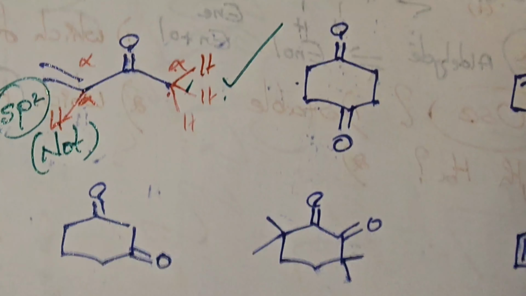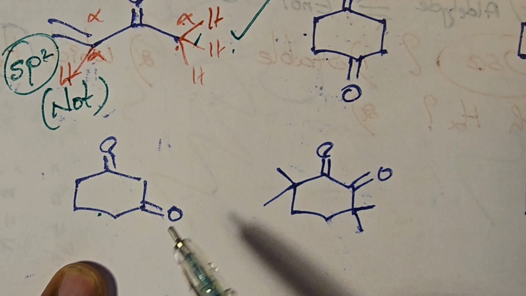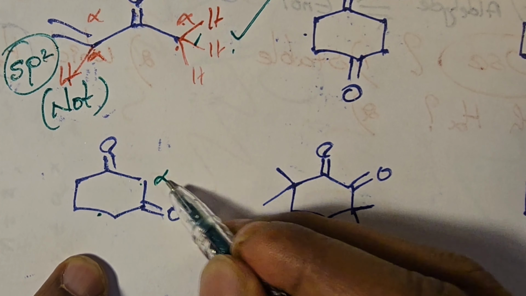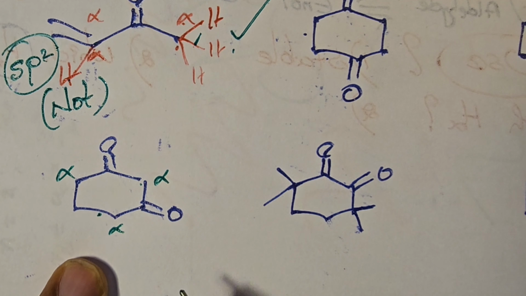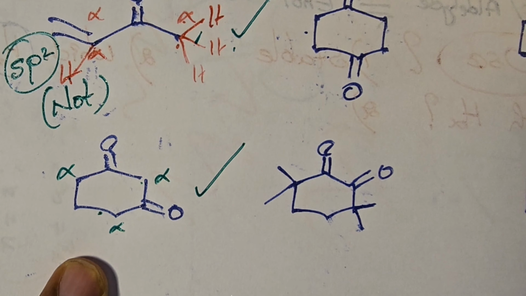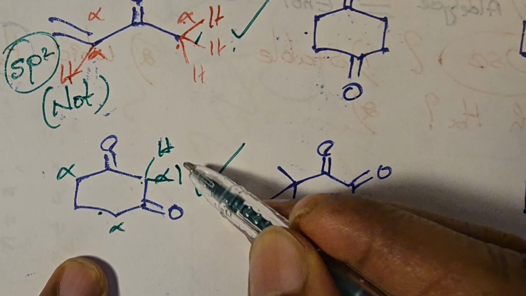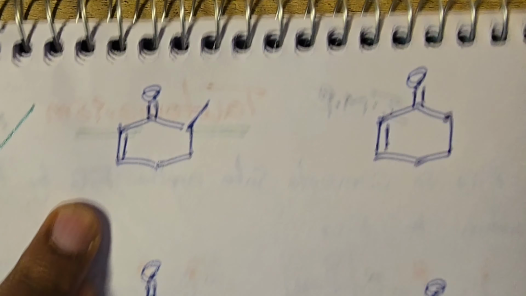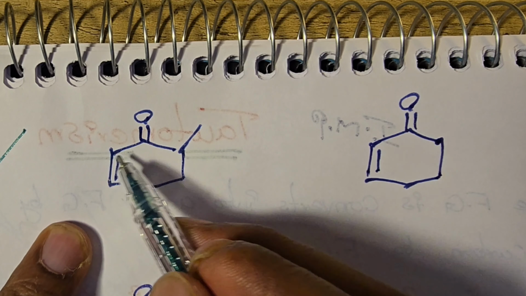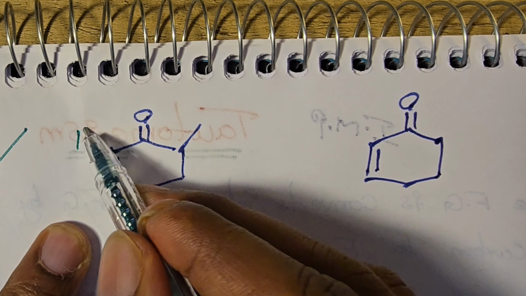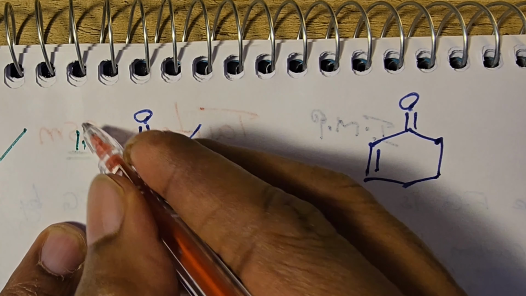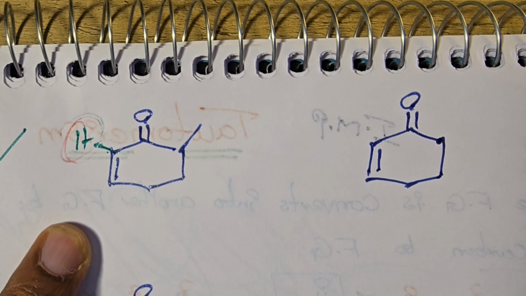So it is possible. Next, observe here the molecule. Here this is alpha carbon. So this molecule shows the tautomerism. Alpha hydrogens are available. Next, this molecule, observe here. Here alpha hydrogen is available, but that alpha carbon doesn't show the tautomerism.